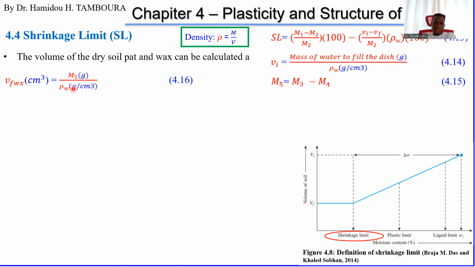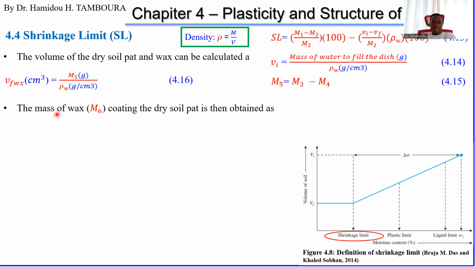So mass of water divided by density of water, you obtain volume. This is coming from this formula also: mass divided by density, you get volume. So we know the mass of the displaced water, the water that is displaced by both the wax and the dry soil.